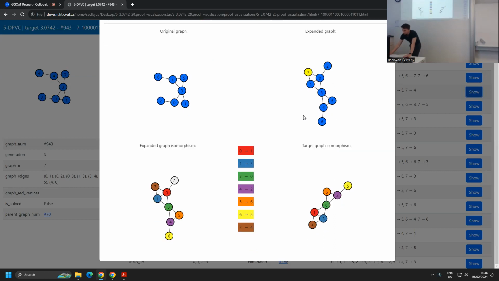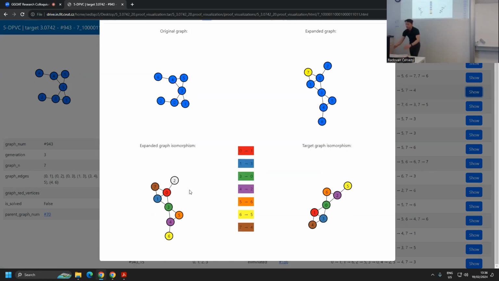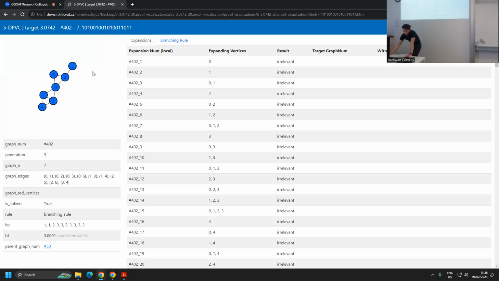I can give you this rule, it's rule number 402, and I can give you the isomorphism such that you don't even have to brute force the isomorphism. You can just verify that this rule really applies in this case. Okay, I believe you. This is the rule that solves this case.